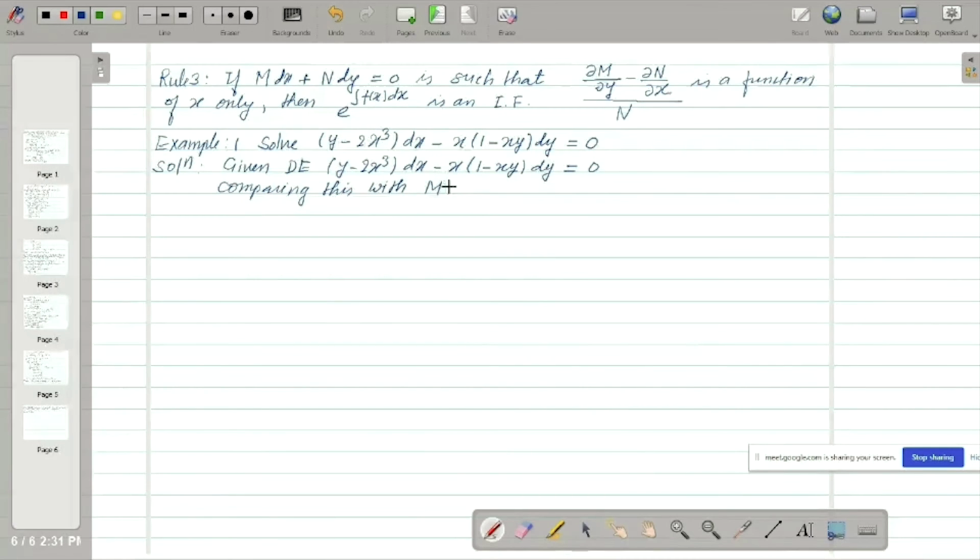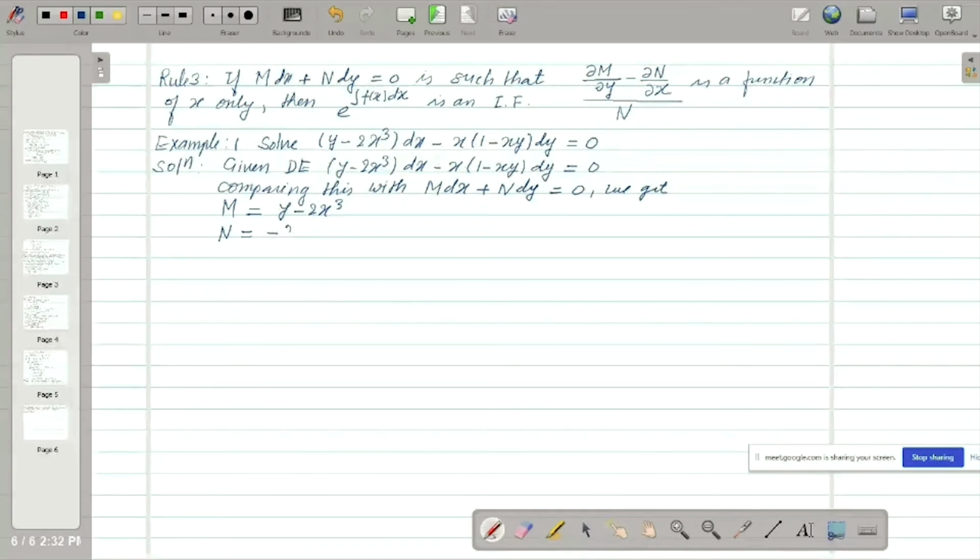The standard form M dx plus N dy, which is equal to 0. Comparing, we get dx equal to dx, and M equal to this expression y minus 2x cube, and N equal to this expression negative of x(1 minus xy), and dy is the same as dy. So we get M equal to y minus 2x cube, and N equal to what?